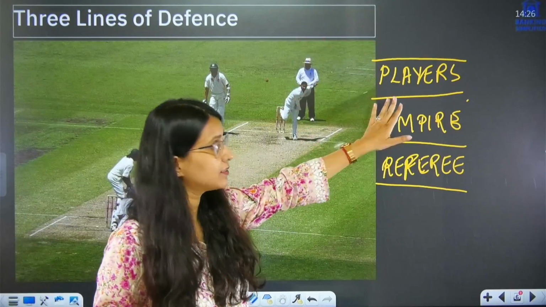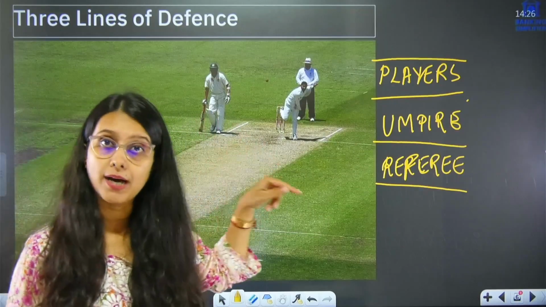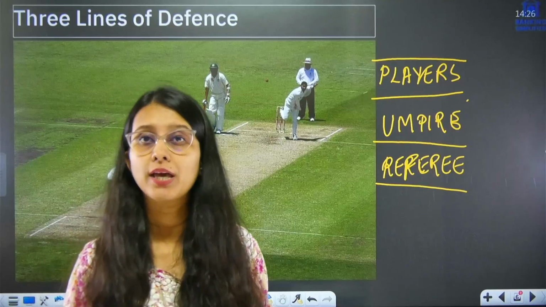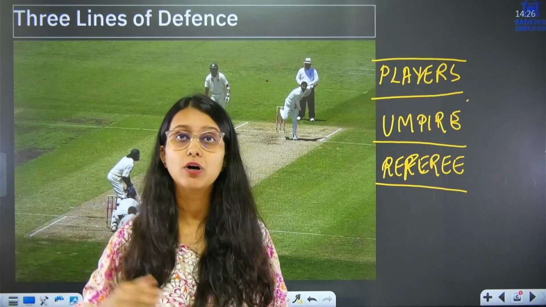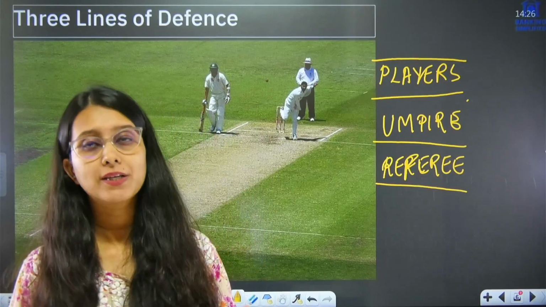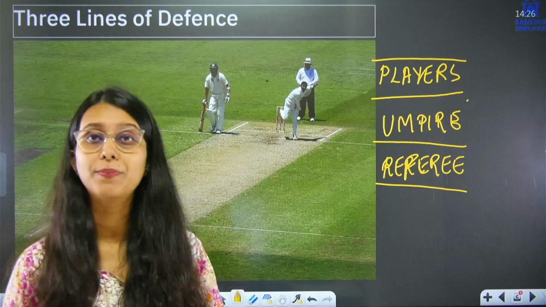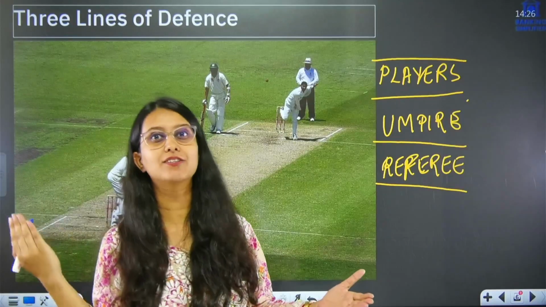Now these are the 3 lines of defense that you can see in the game, but these 3 lines of defense are also there in a bank. Even a bank has 3 layers of defense because when a bank is doing its business, it does not want to take a big loss or a big hit directly in the heart, that is directly in the treasury.